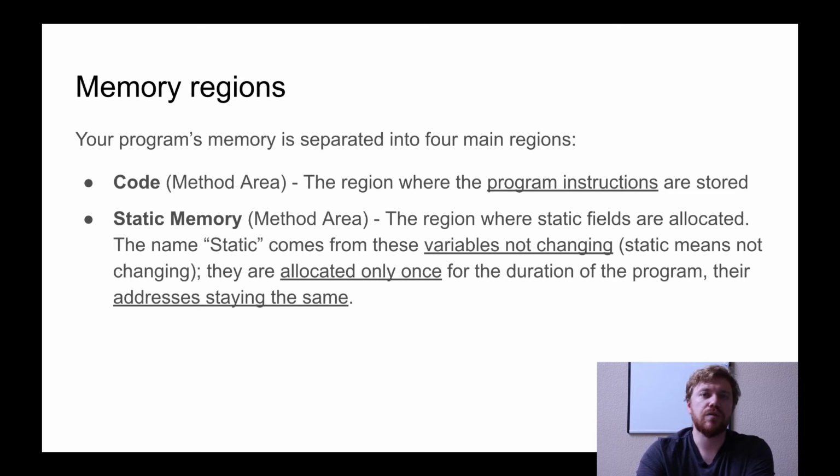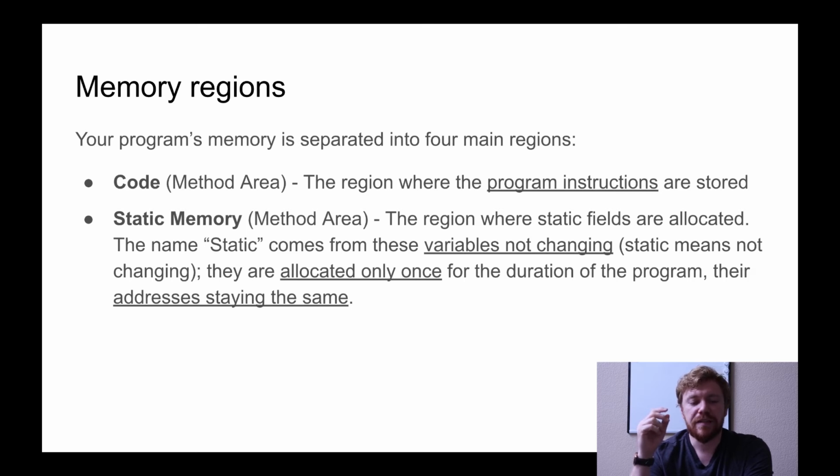Or I suppose there's 3 regions, where one of the regions is broken into 2 subregions. We'll go ahead and go into those 4 regions. There's the code region, which is under the main region called method area. This is a region where your program's instructions are stored, as well as class information and things of that nature.